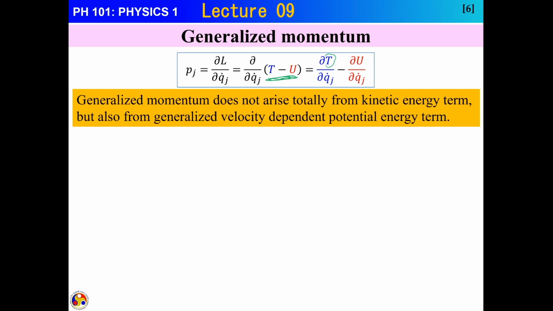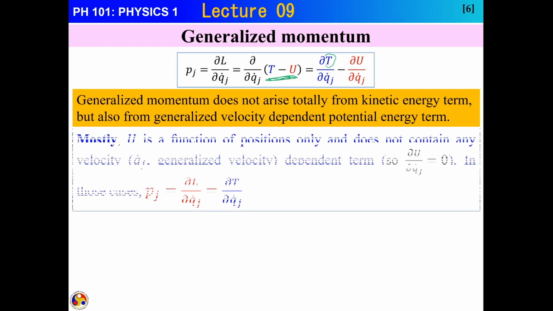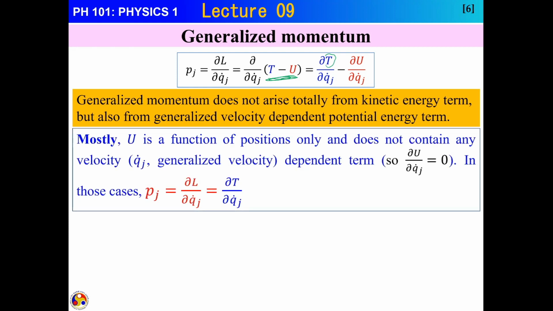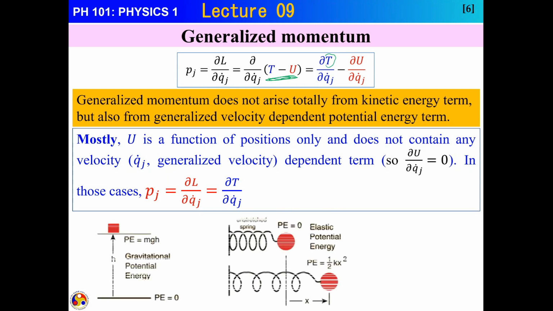But what we have seen so far in most of the problems that we dealt with is that U is a function of position only, and therefore the partial derivative of potential energy with respect to generalized velocity is simply 0. So taking this into account, we simply write, instead of the partial derivative of Lagrangian with the generalized velocity, the partial derivative of kinetic energy with the generalized velocity.